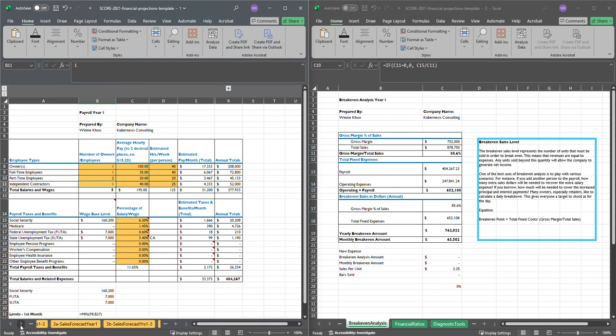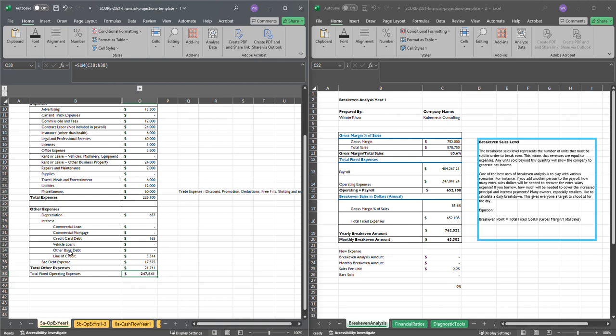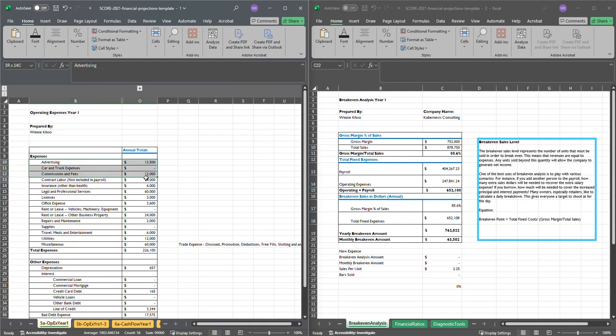If you don't want to adjust anything on the template, you can take this equation and plug in a new expense. Just know that these fixed expenses should fall into one of these fixed expense categories. So it could be rent, it could be marketing.